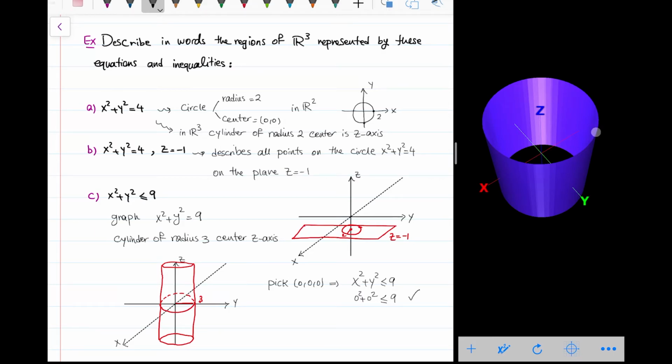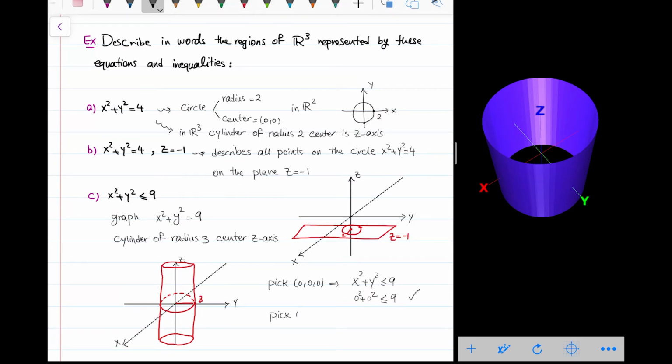The answer is yes, which means that the origin, or any point inside the cylinder, is in the region I'm describing.